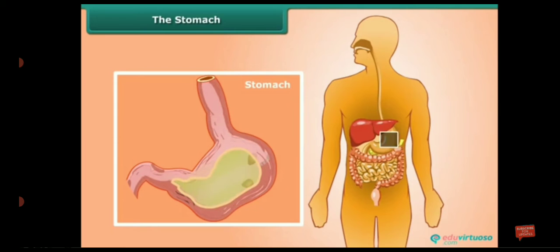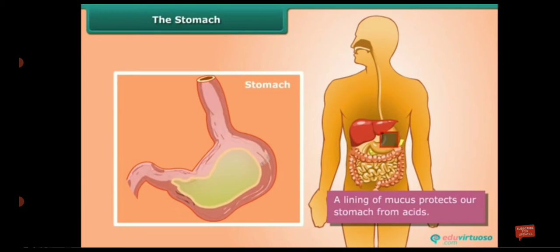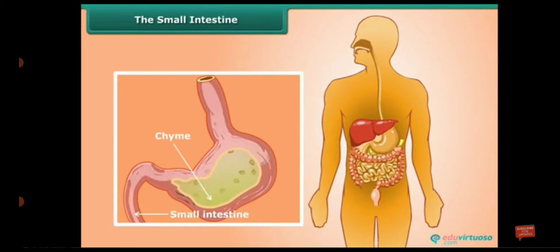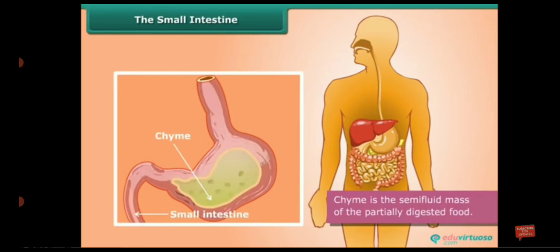These chemicals break down the proteins into simpler substances. A lining of mucus protects our stomach from acids. After about 4 hours in the stomach, food changes to chyme and moves into the small intestine.